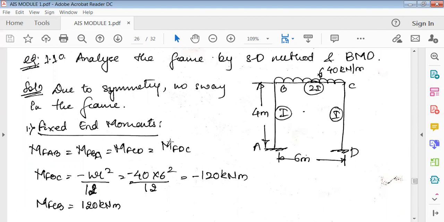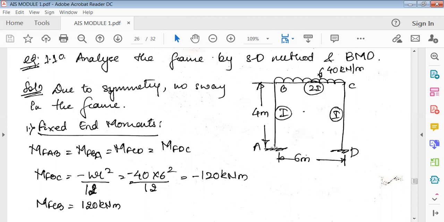All right, first is the fixed end moments, that is AB, BC, CD. AB is one member, so MFAB and MFBA: there is no load in this member, so obviously no moments are taking place here, and those moments will be equated to 0.